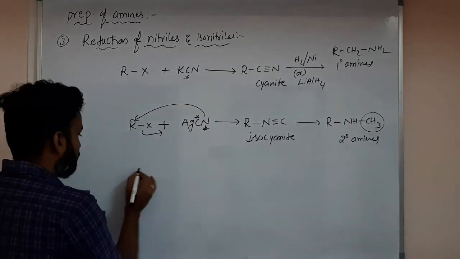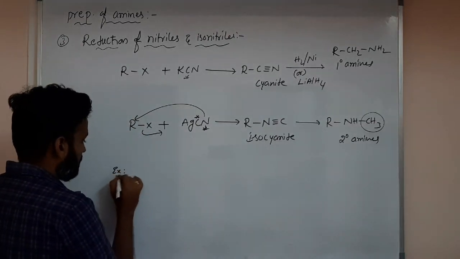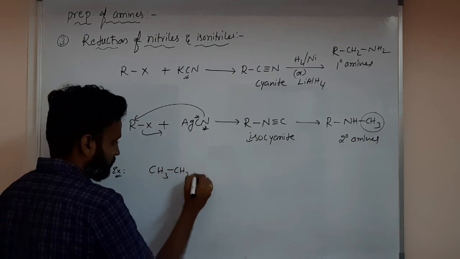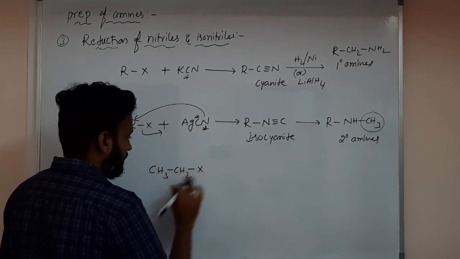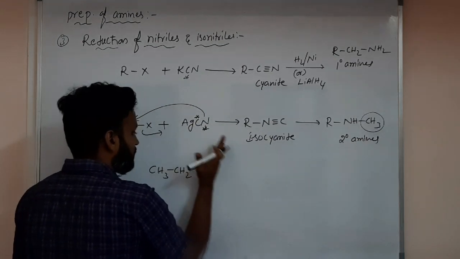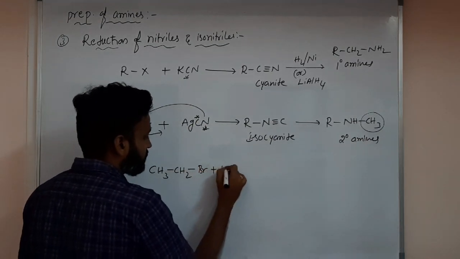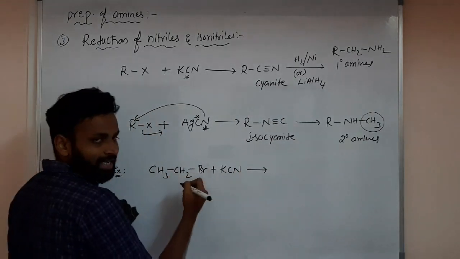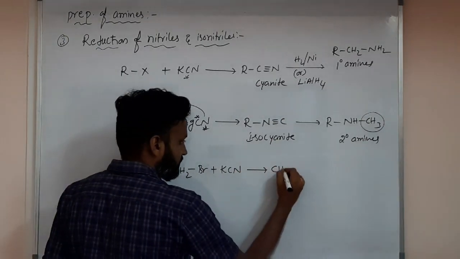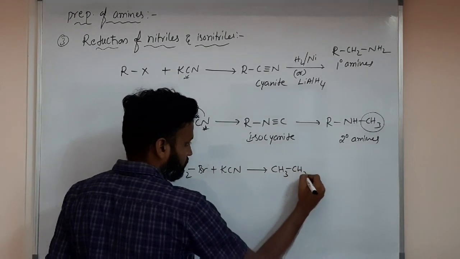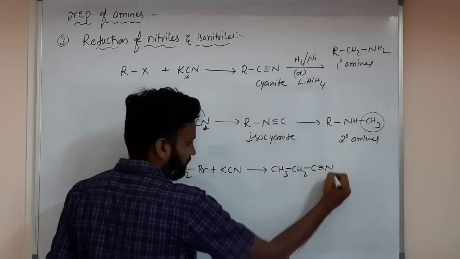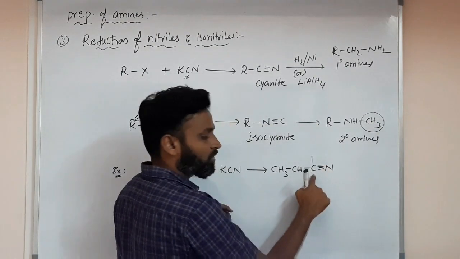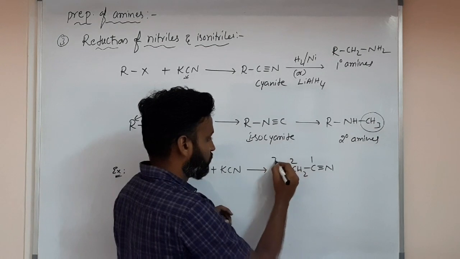Understood? So if you take an example, suppose CH3CH2X, where X is bromine or something like that. Here I am using KCN, then what will I get? Cyanide, no. So CH3CH2C triple bond N. For the IUPAC name, this carbon also you have to consider: 1, 2, 3.